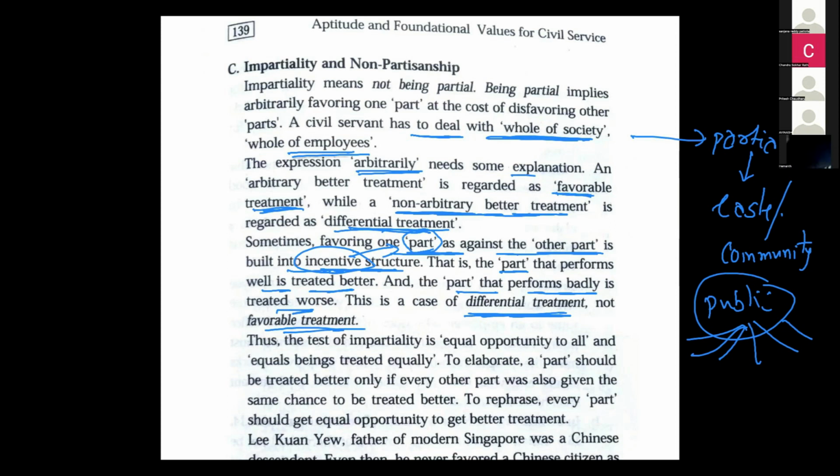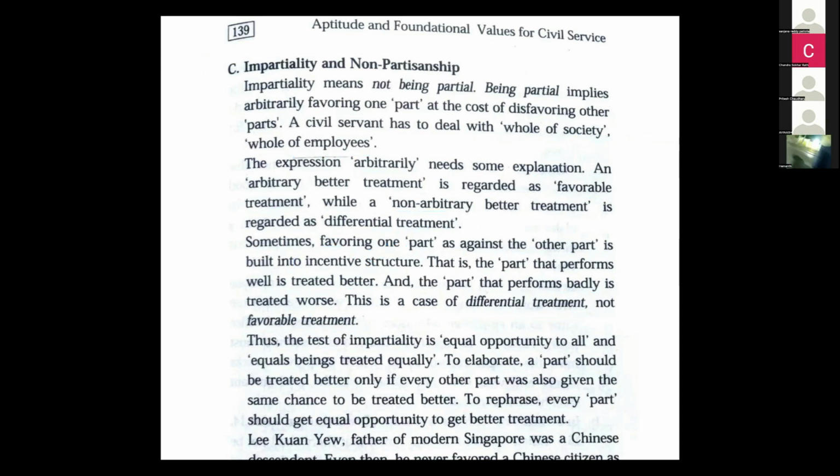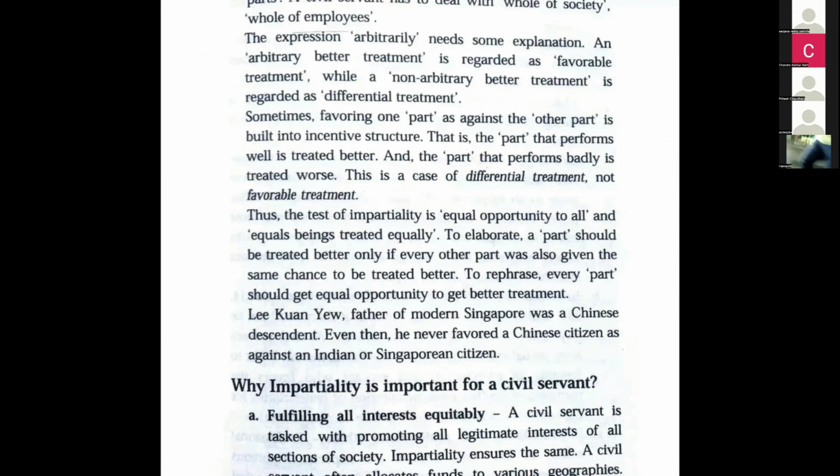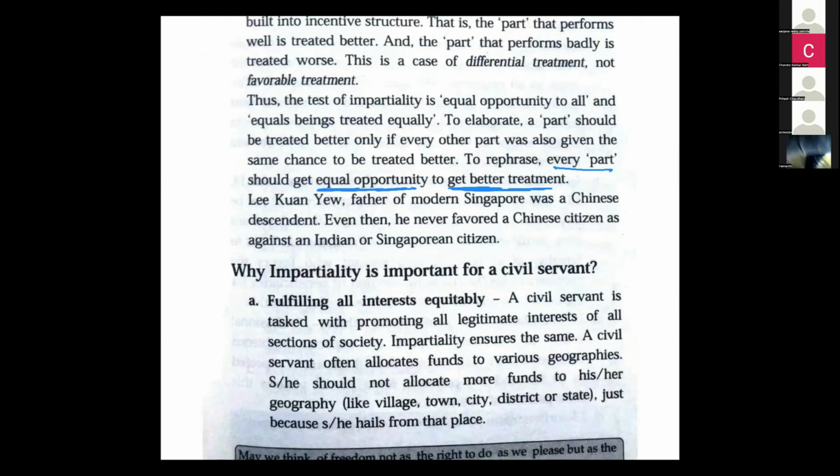Thus the test of... get equal treatment to get better treatment. ठीक है? कोई भी citizen हो, you can't simply see if a foreign citizen is coming in.